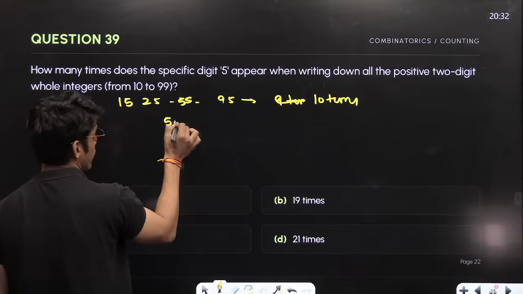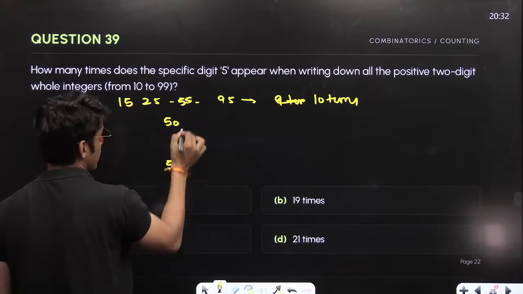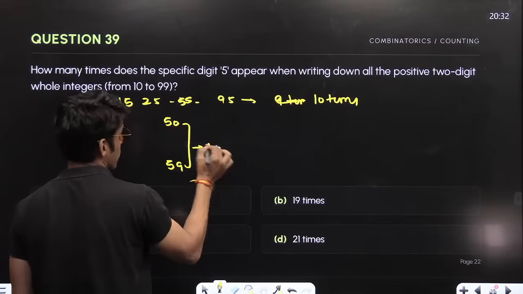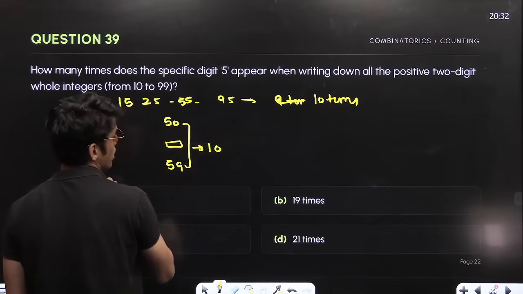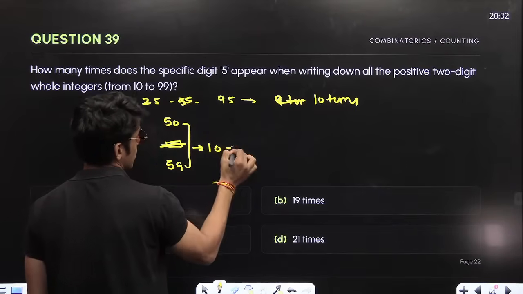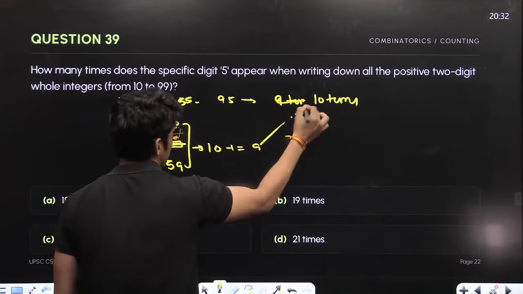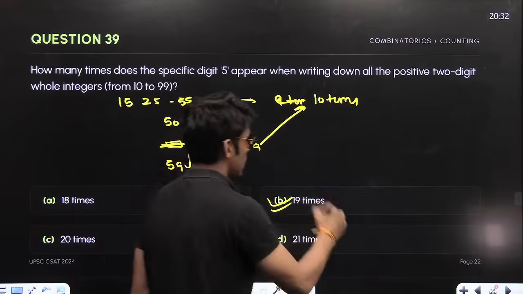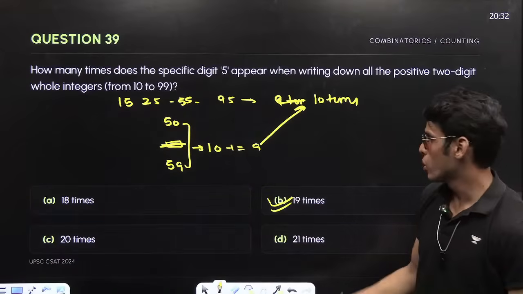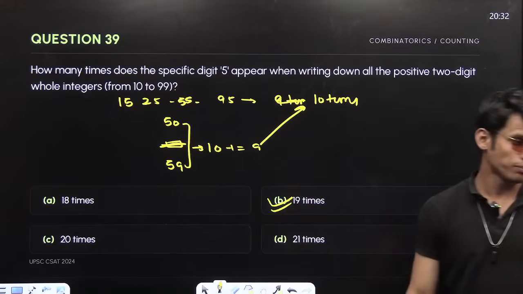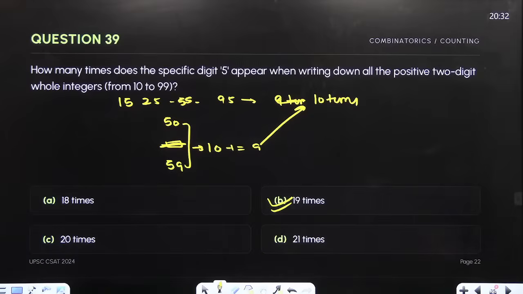And then from 50 to 59, you will have 10 times. But you have already counted this number once. So 10 plus 9 is 19 times. 19 times you are going to have 5 as a digit.